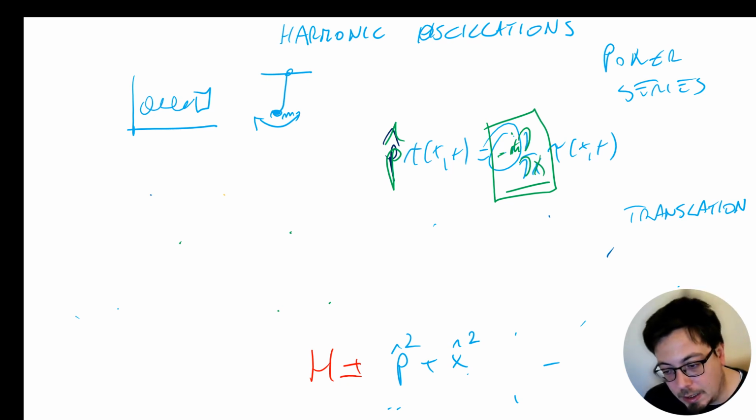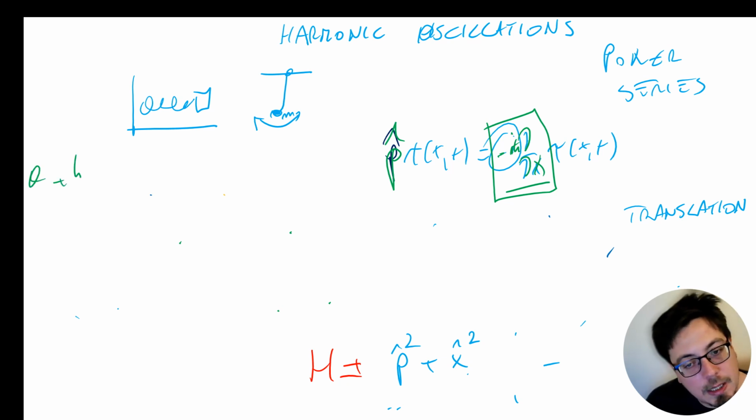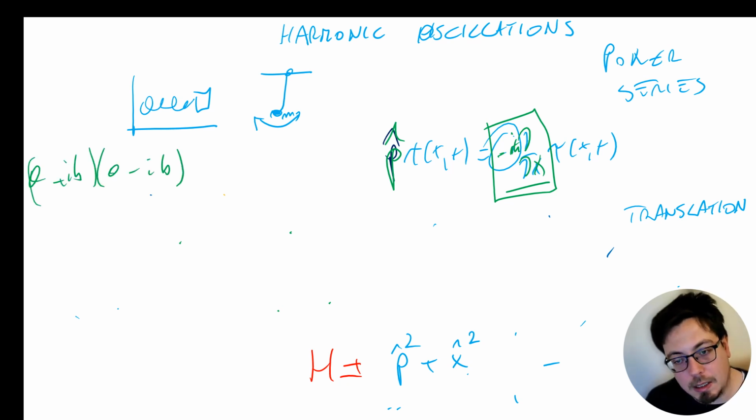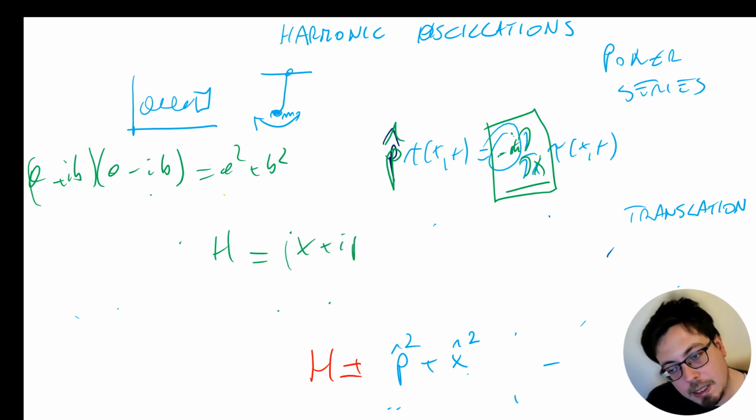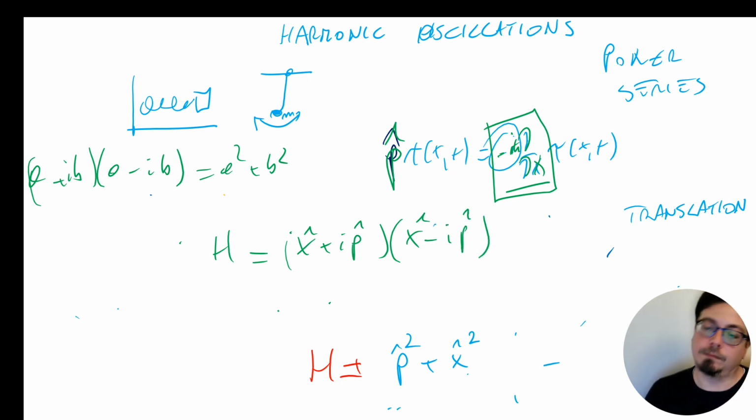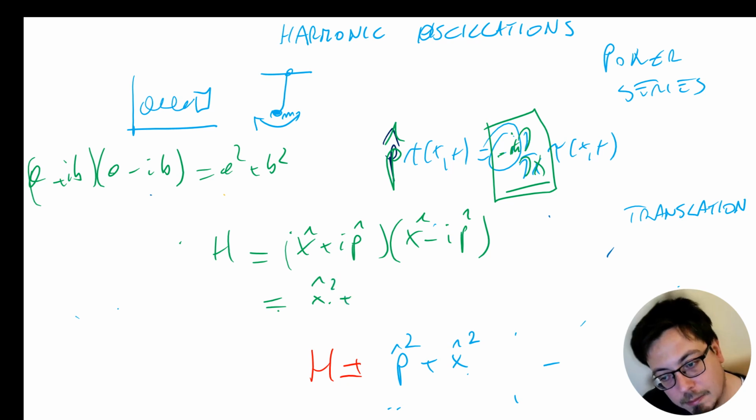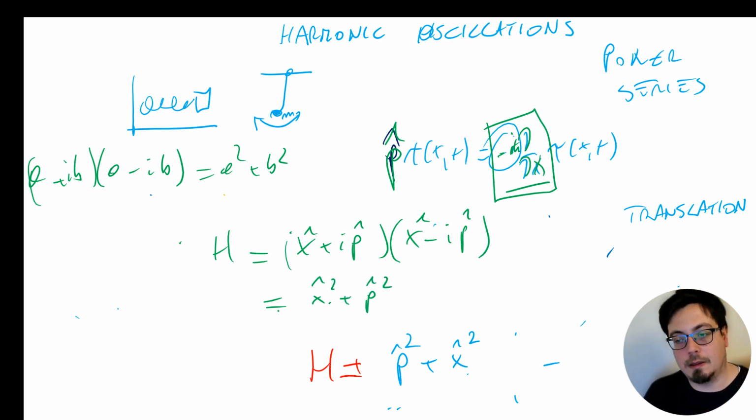We can write this: a plus ib times a minus ib is a squared plus b squared, meaning that H can be written as x plus ip times x minus ip. Okay, this is x squared plus p squared, because it's the same structure.